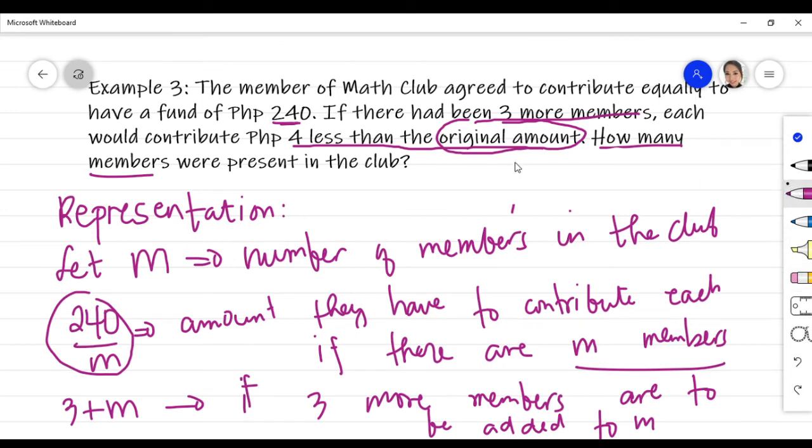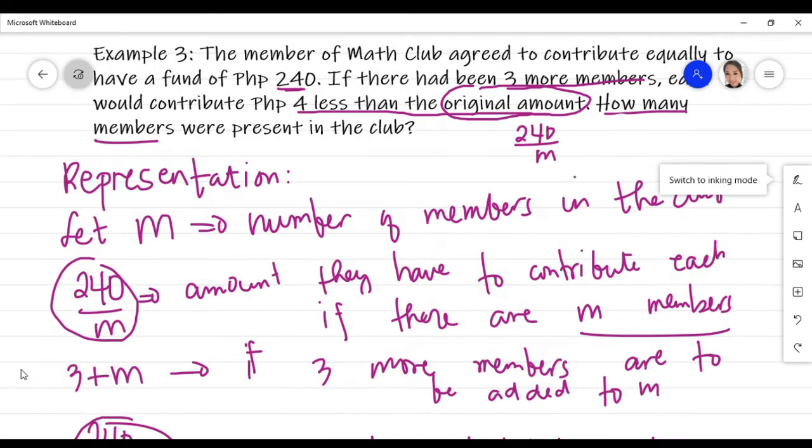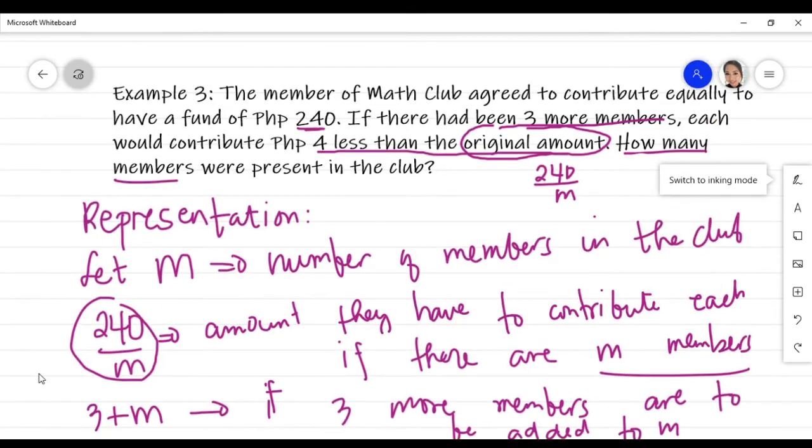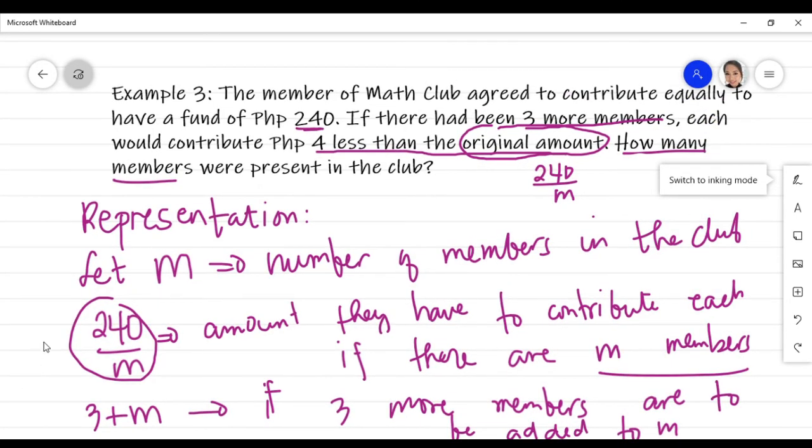This was their original amount to be contributed each. So the new amount to be contributed is lesser by 4 than the original amount.